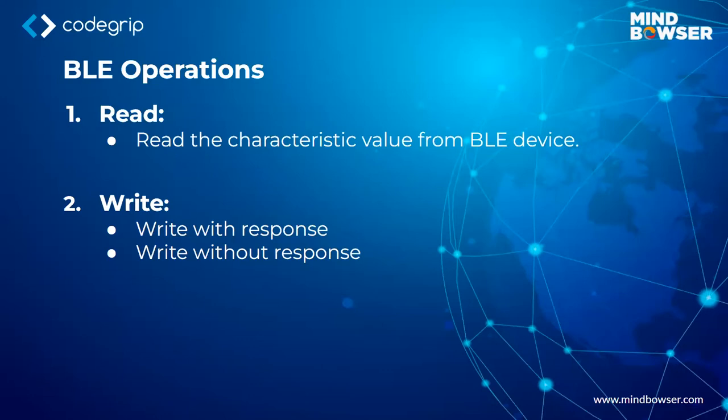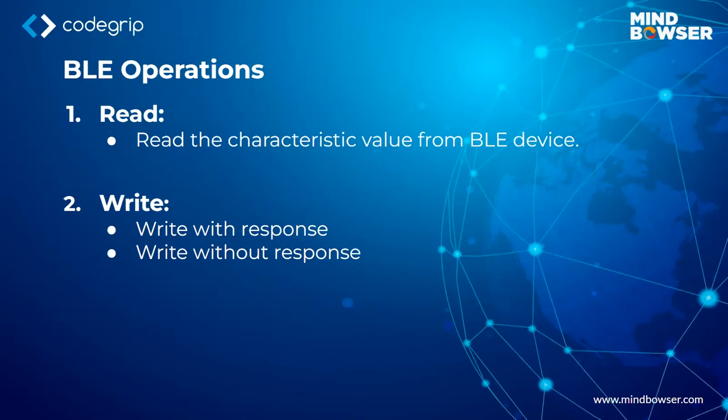First, we'll see read. When we want to use read, we need to enable it, and once we are able to enable the read operation, we can read the characteristic values from BLE devices. The second operation is write. We can write in two ways: write with response and write without response. When we write with response, we also get an acknowledgement from the BLE device after the operation is completed.